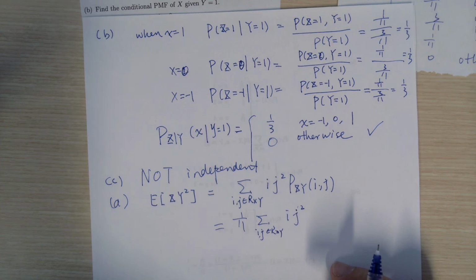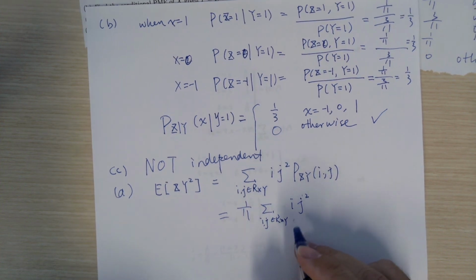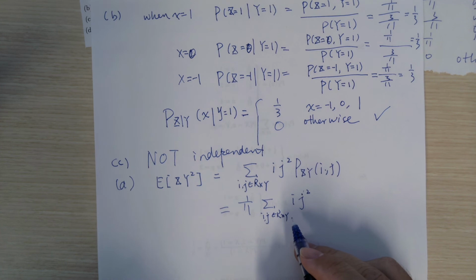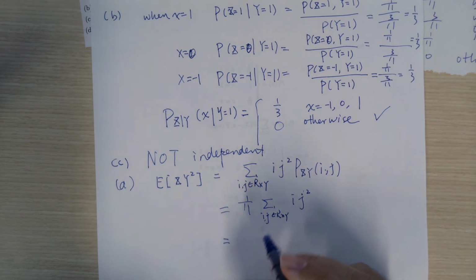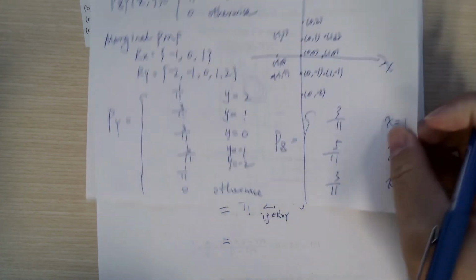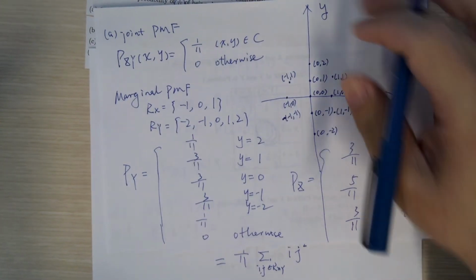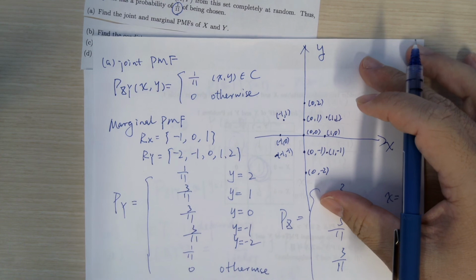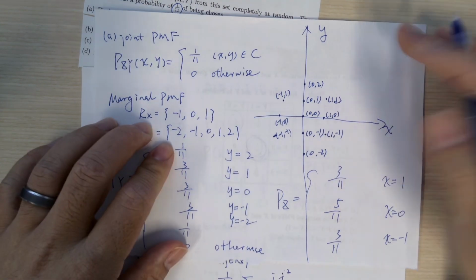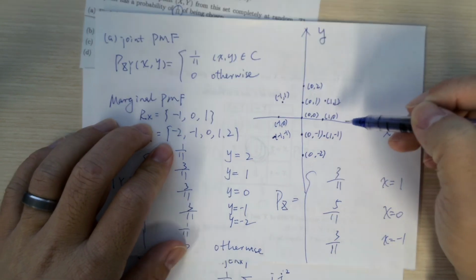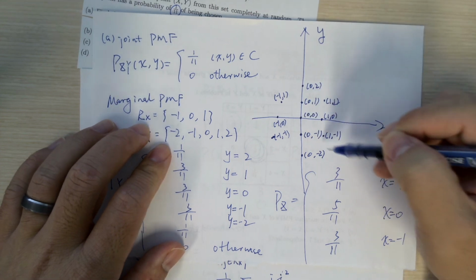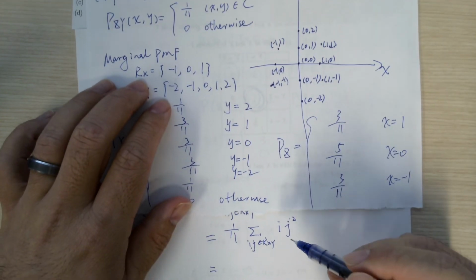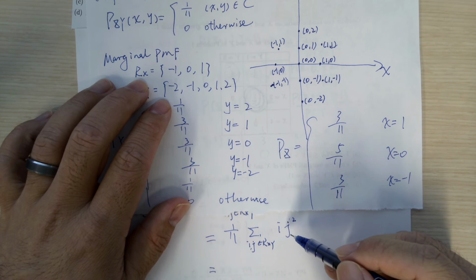Easily you can see that there is a scenario where i equals 0, so it all becomes 0. So for the points on the XY axis, don't you agree it all becomes 0, because any of them is a 0.